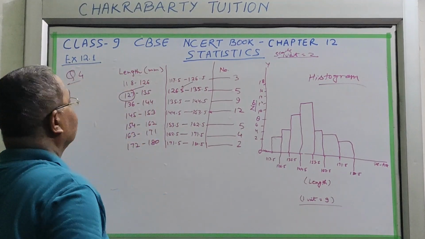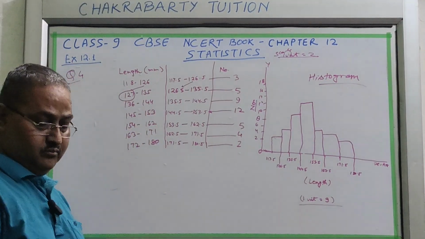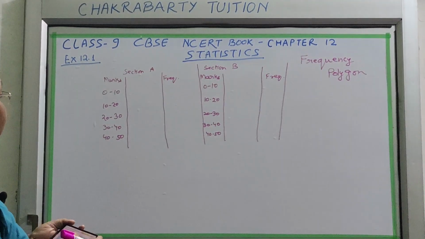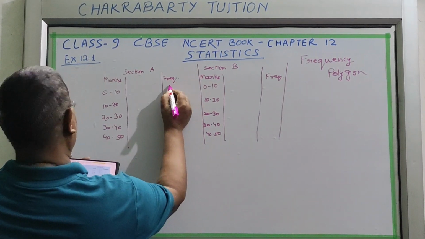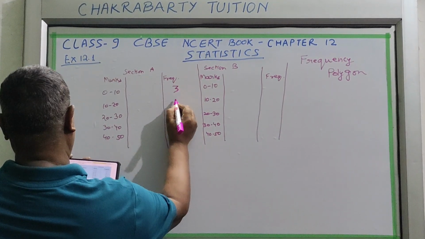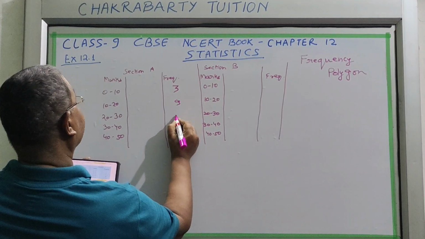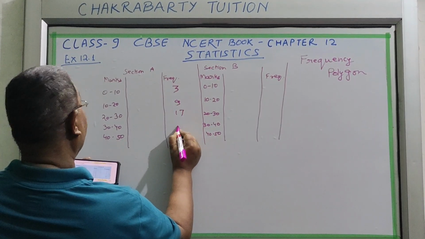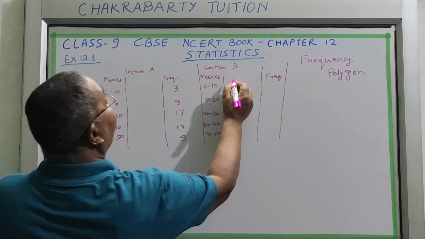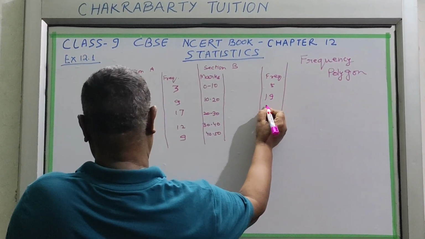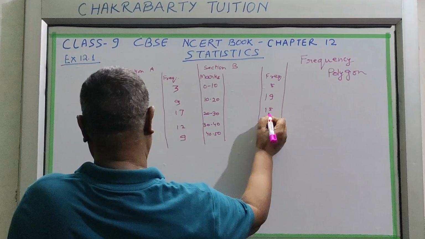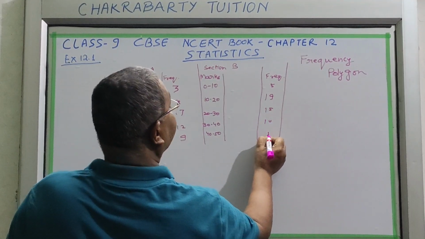Okay, now we will go to the next question. Question number 6. Here it is given 3, 9, 17, 12 and 9. And here it is given 5, 19, 15, 10 and 1.